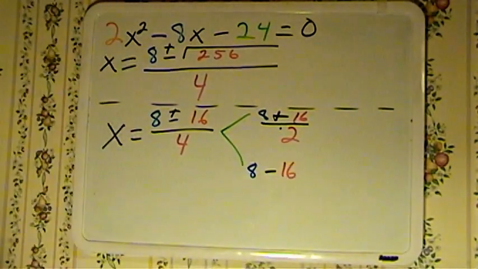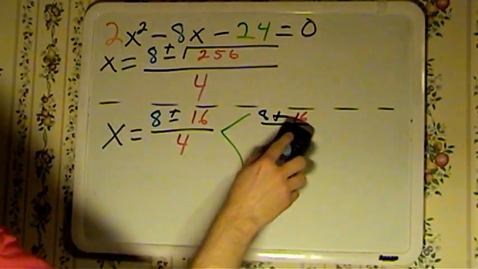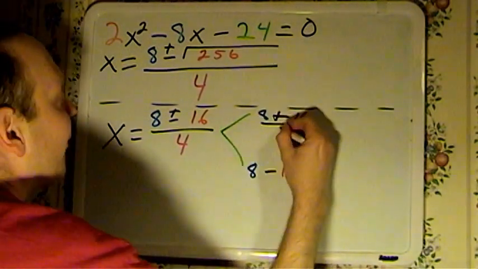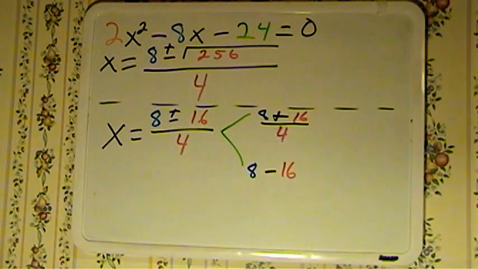I'm sorry, not divided by 2. I don't know where I got 2 from. Divided by 4. So that should answer a whole lot of questions of how did you get that?